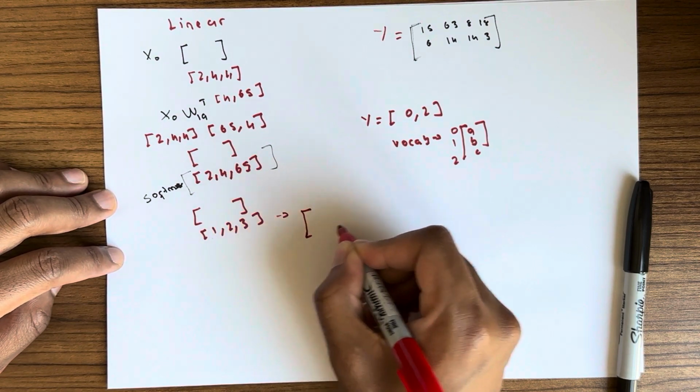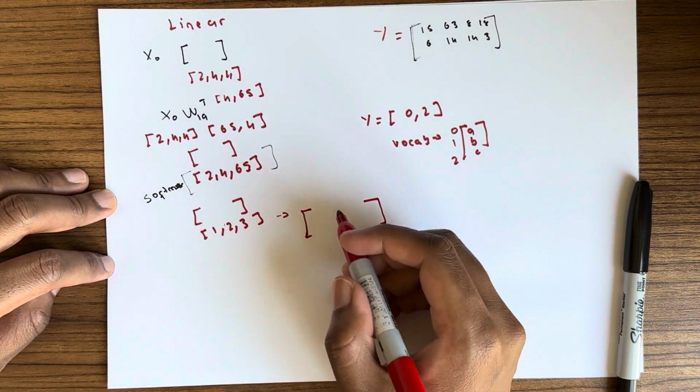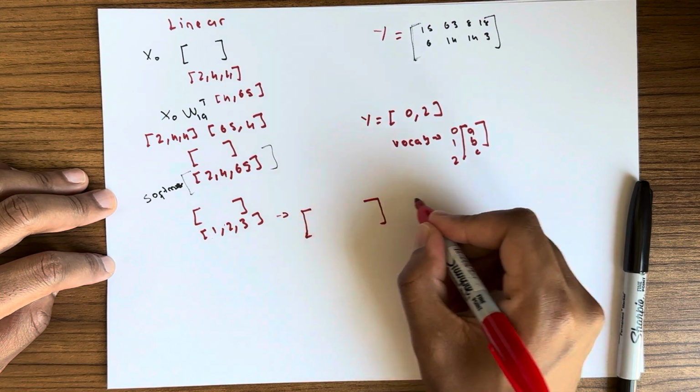And don't forget there's a probability distribution, which is the output of the softmax.